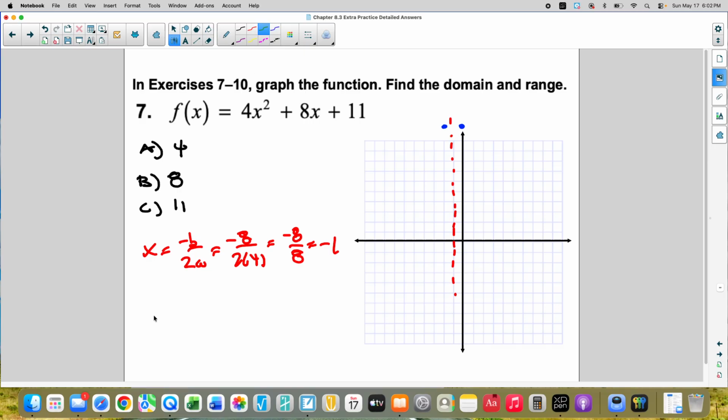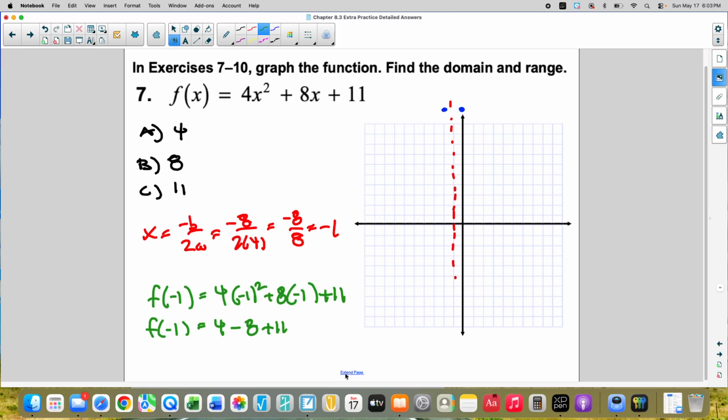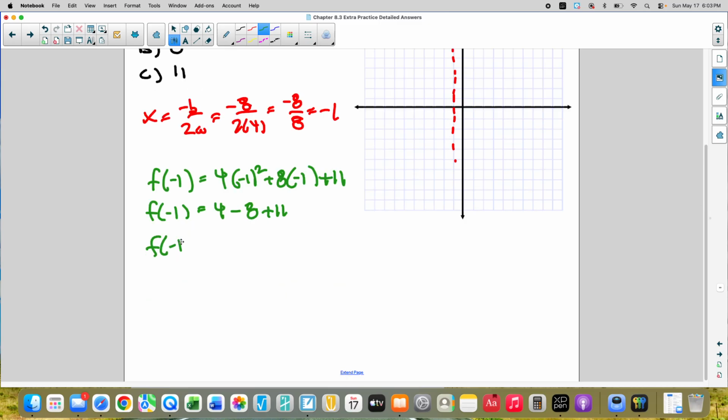My vertex is going to be f of -1 equals 4 times -1 squared plus 8 times -1 plus 11. F of -1 equals 4 minus 8 plus 11. F of -1 equals -4 plus 11, which is 7.